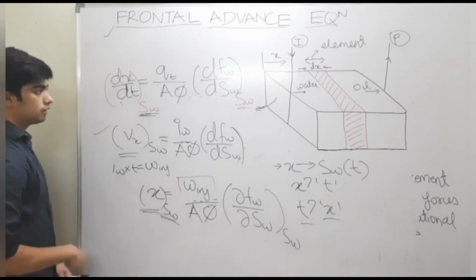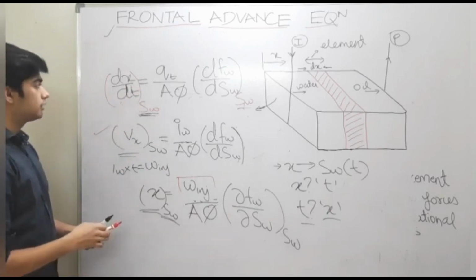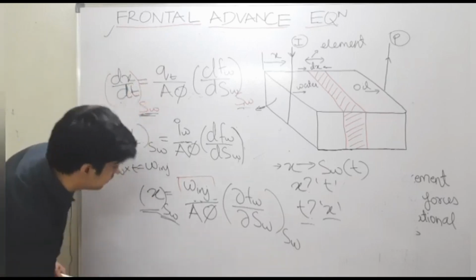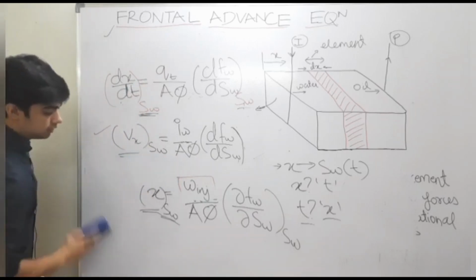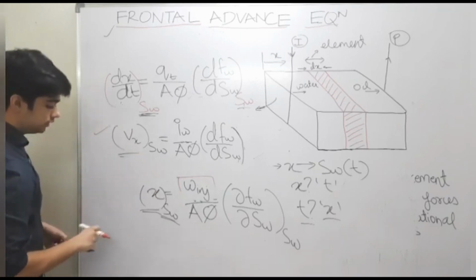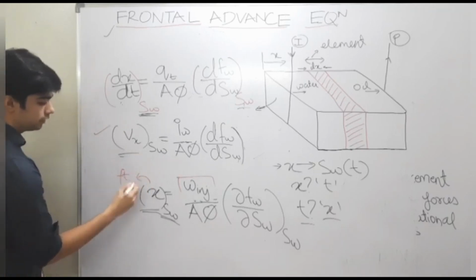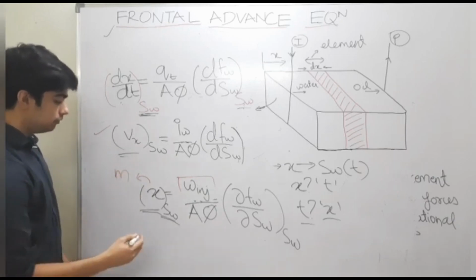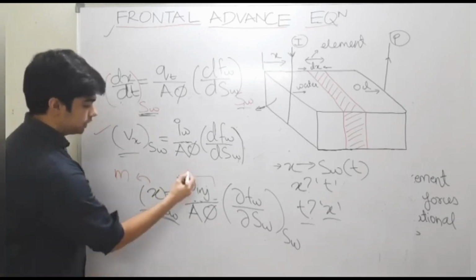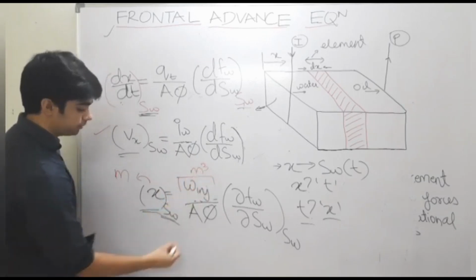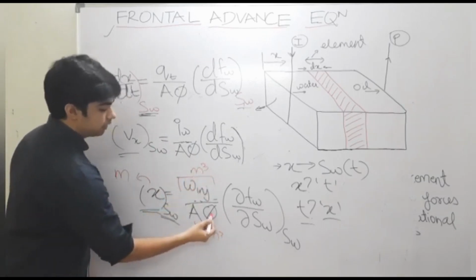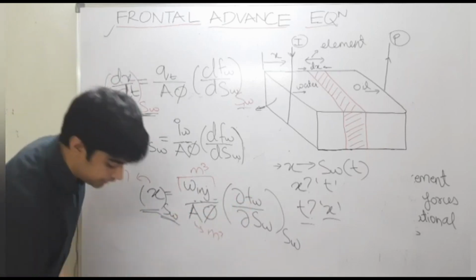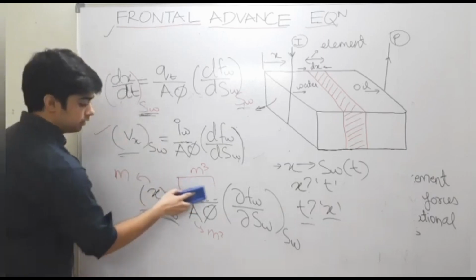And this equation is in consistent units. That is, let us say your x is in meters, then this will be in meter cube, area will be in meter square, and these will have no units. F will have a unit, but it is a ratio, so that will not matter.